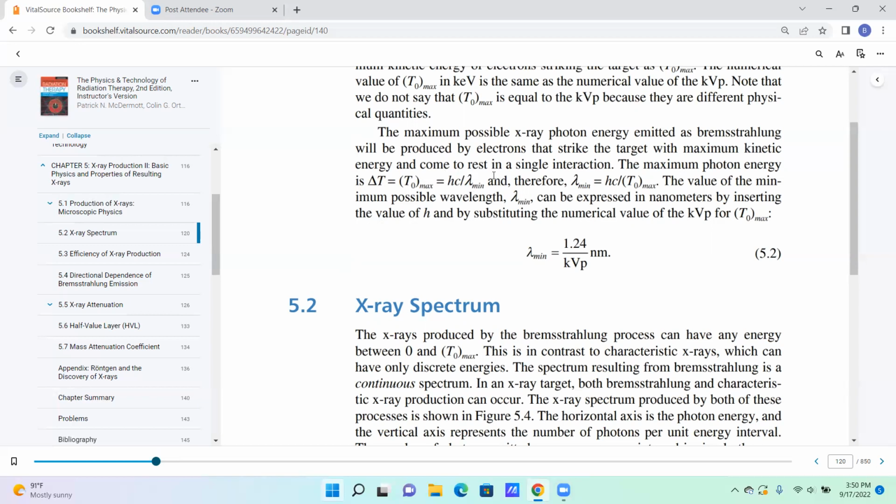So if you're looking at the maximum amount of energy, you've got to figure out what wavelength is going to be the smallest in order to make this computation equal. So the value of the minimum possible wavelength can be expressed in nanometers. Basically, you change a few things around here and you come up with lambda min is 1.24 nanometers divided by the kilovolts peak.